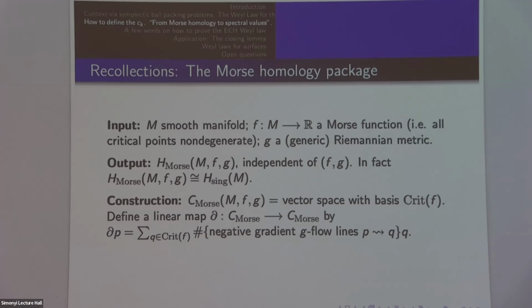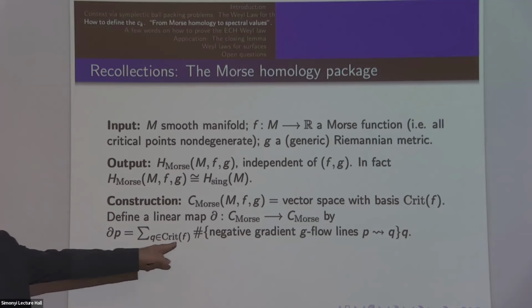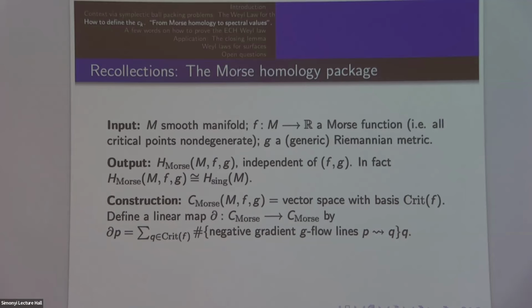Okay, so that's a great thing. How do you make this thing? Well, again, we want to drill down on this a little bit because we're going to do this again and again, more or less. We're going to take the vector space freely generated by the critical points of the function. In this talk, we might as well always take our vector spaces to be over Z mod 2, because you can already get things very interesting there, and then you don't have to worry much about what it means to count things, because I'm just counting mod 2.